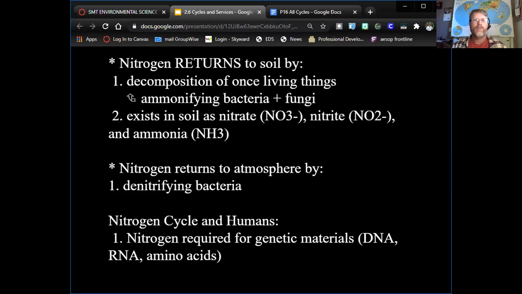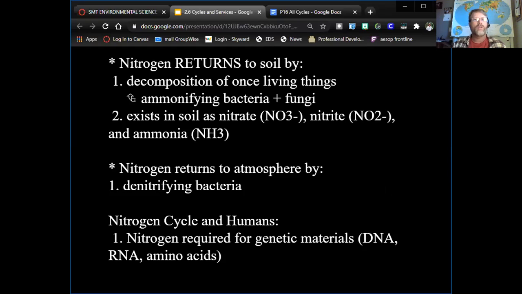And then you have those bacteria on the clovers and beans pulling the nitrogen in and pushing out things like ammonia. Then you'll have a completely different set of bacteria that take the ammonia and push it back out as nitrogen gas.